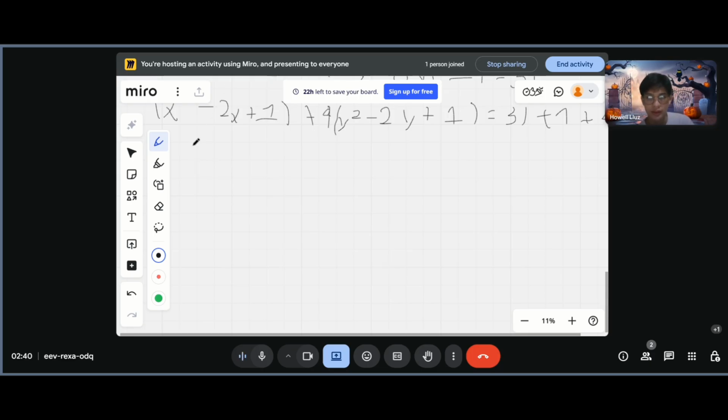So it is already a perfect square, so next step is to factor it out, so it is (x − 1)² plus 4(y − 1)² is equals to 36.